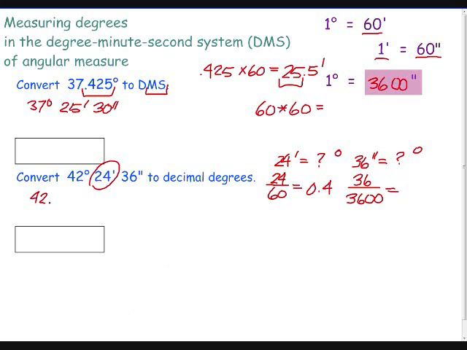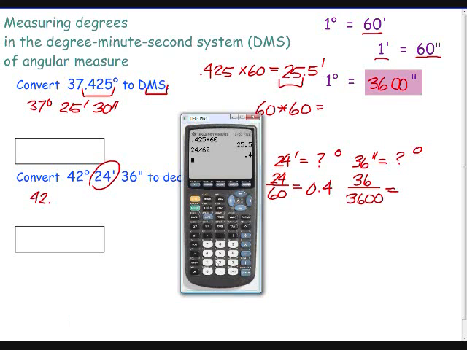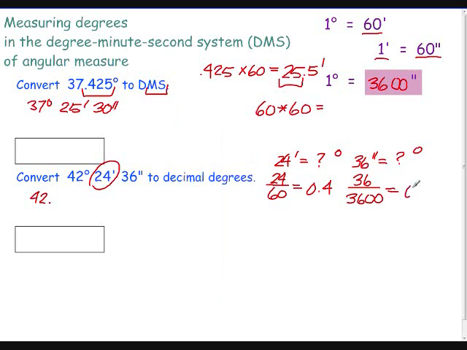We'll pull up our calculator. I'm sure you can actually do this one in your head, but we'll just prove it to you here. 36 divided by 3,600 equals 100th.